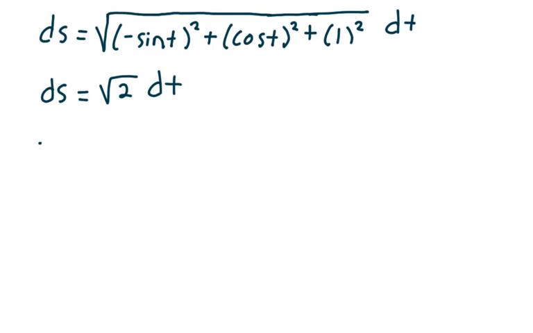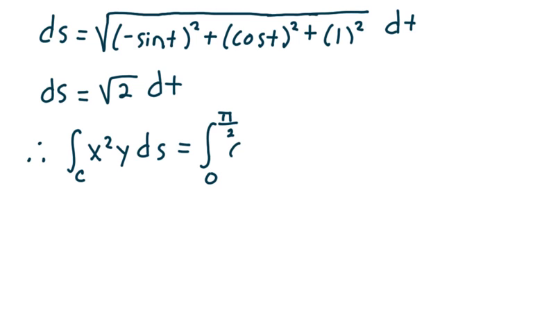And so therefore, the integral over c of x squared y ds is equal to the integral from 0 to pi over 2. Now, x is cosine t, so I'm going to take cosine t and square it. Y is sine t.